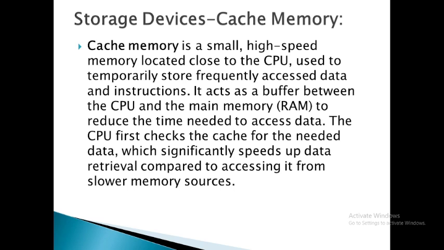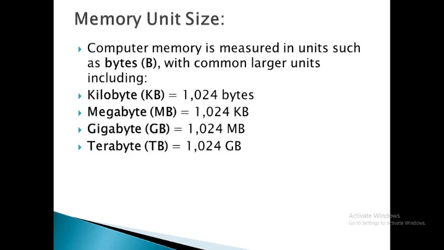The CPU first checks the cache for the needed data, which significantly speeds up data retrieval as compared to accessing it from slower memory sources.